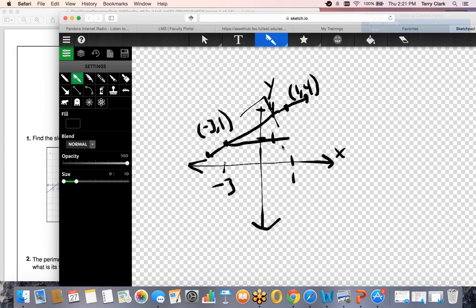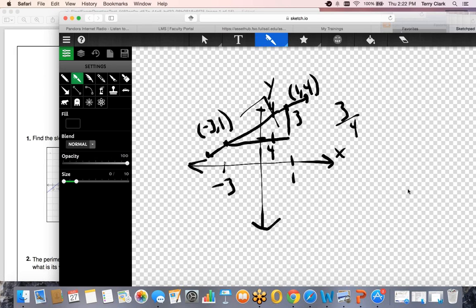From -3 to 1, we went over 4 spaces, because if you start at -3, -2, -1, 0, and +1, that's 4 spaces. And then if we go up from 1 to 4, that's 3 spaces. So we went up 3, and our slope is going to be 3 over 4. So the final slope is 3 over 4.